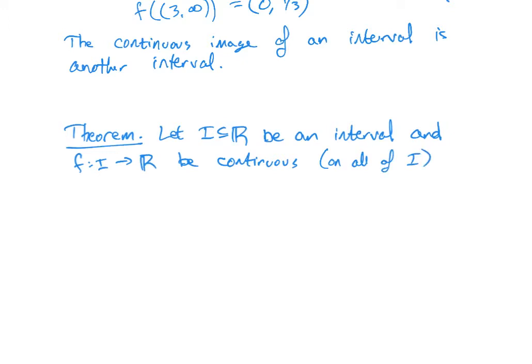But because we've defined the domain of f to be just the interval I, when we say it's continuous, we mean it's continuous on I. Then our conclusion is that the image of I is also an interval.